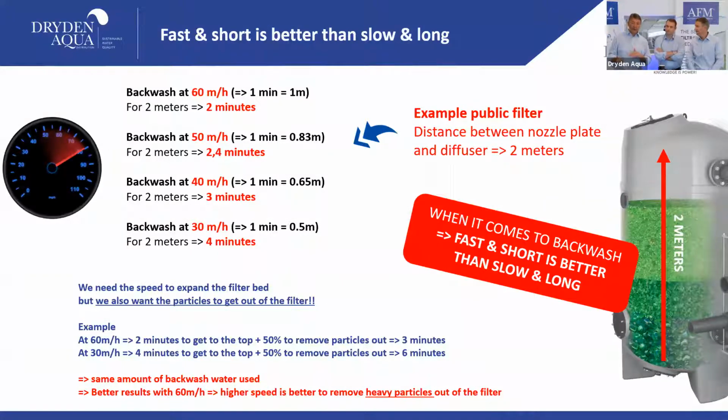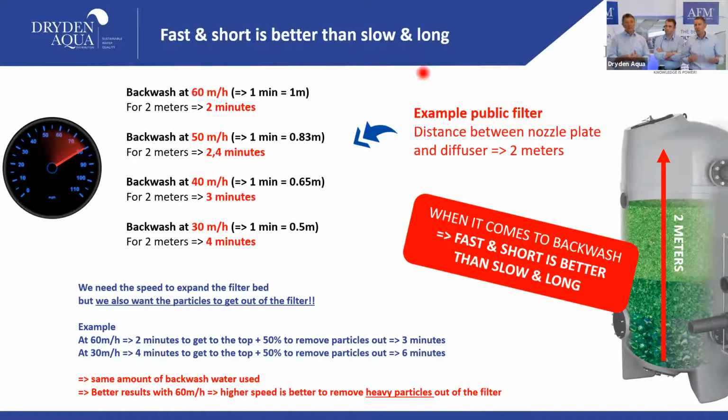So from the nozzle plate or laterals to the top diffusers, 2 minutes. That means this is the minimum time at that backwash velocity that you have to backwash your filter, and to be on the safe side, you add 50%.